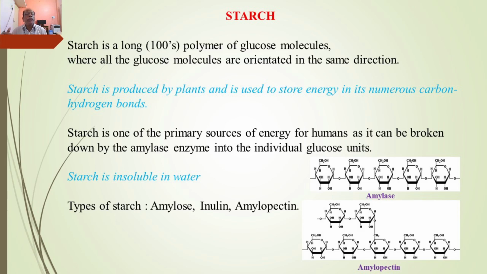So when human beings consume starch, it will be digested in the presence of the enzyme amylase. The amylase enzyme acts upon the starch molecule and splits the complex starch molecule into glucose molecules, the individual glucose units or monosaccharides, which will then be broken down.